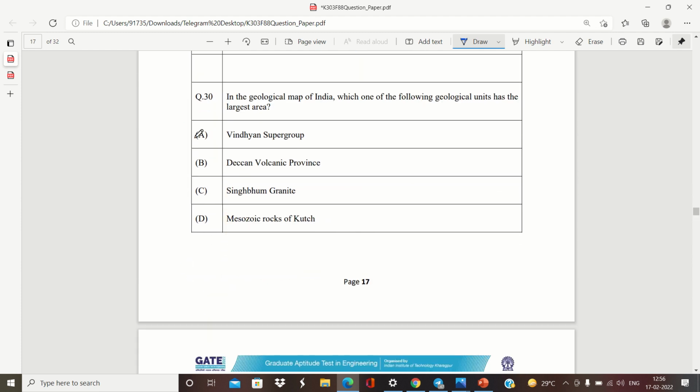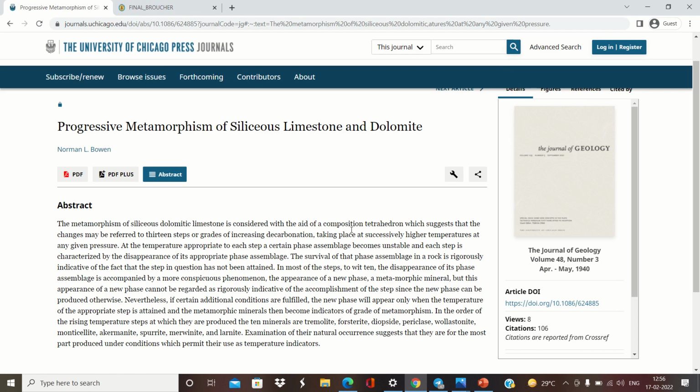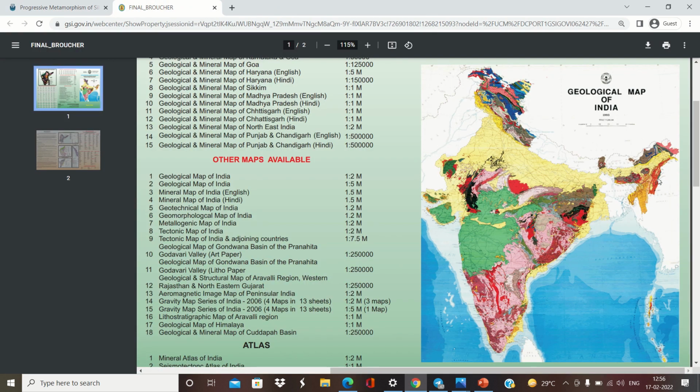Now let us see another question. In the geological map of India, which one of the following geological units has the largest area? There are four options, out of which Deccan Trap or the Deccan Volcanic Province has the largest area. But if the question is changed a little, this is the geological map of India provided by the GSI.